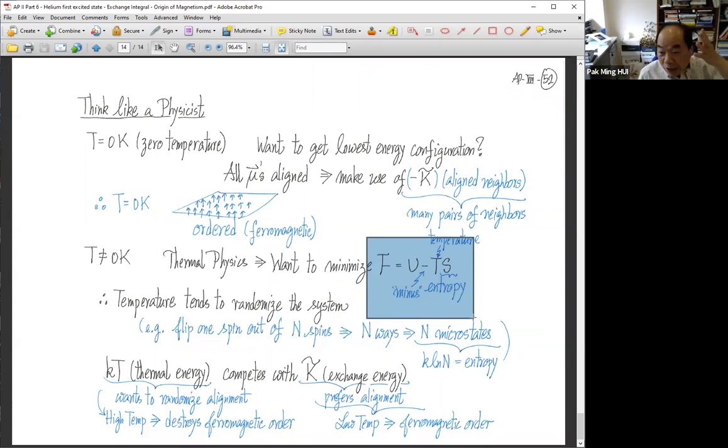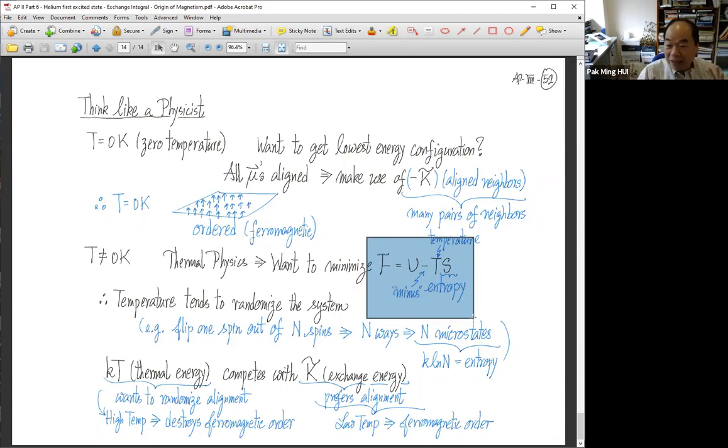It will be randomized to an extent that if you look at what is the net magnetism, you will have equal chance to find a spin to be up and down. Then the net will be zero, the magnetic alignment will be lost.